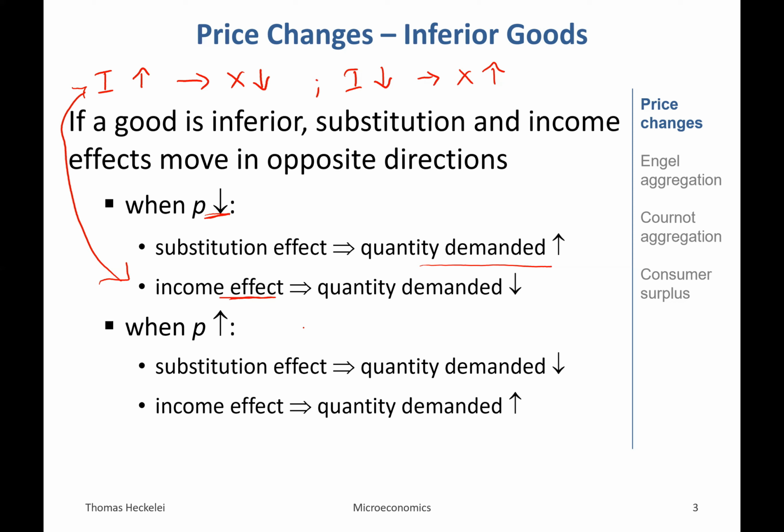The substitution effect implies that quantity demanded becomes less, you prefer other goods, and the income effect, again in line with the definition, means that quantity demanded increases. When I have less money to buy food, I would prefer eating instant noodle than rice. It's just like that.